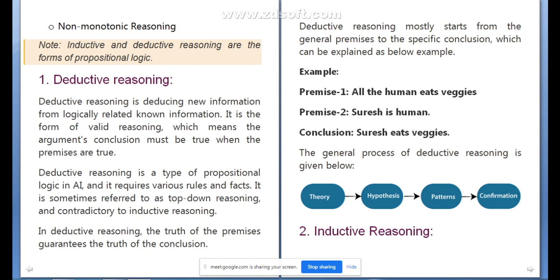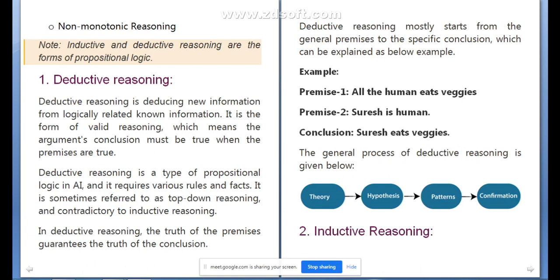We have seen what propositional logic is in artificial intelligence. There are statements, and from the statements we try to have the truth table and try to make the proofs of that particular truth table. That is the propositional logic which we have used in artificial intelligence.